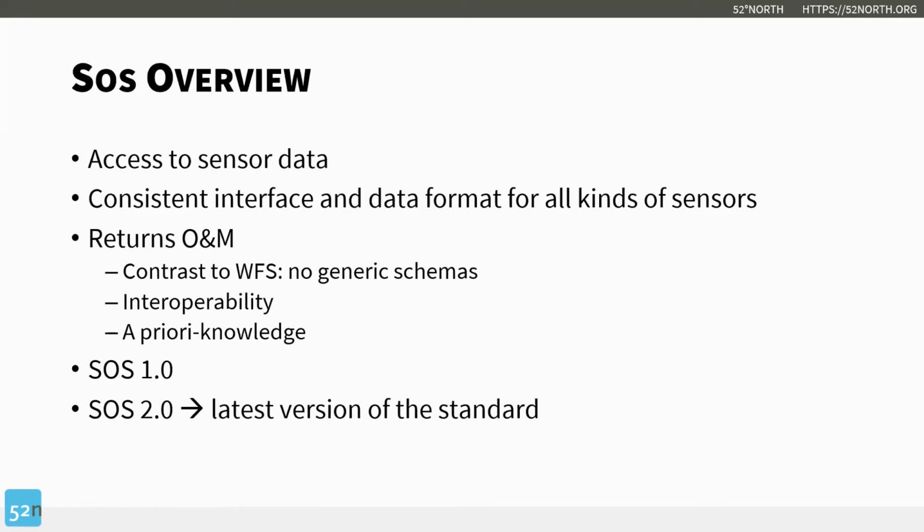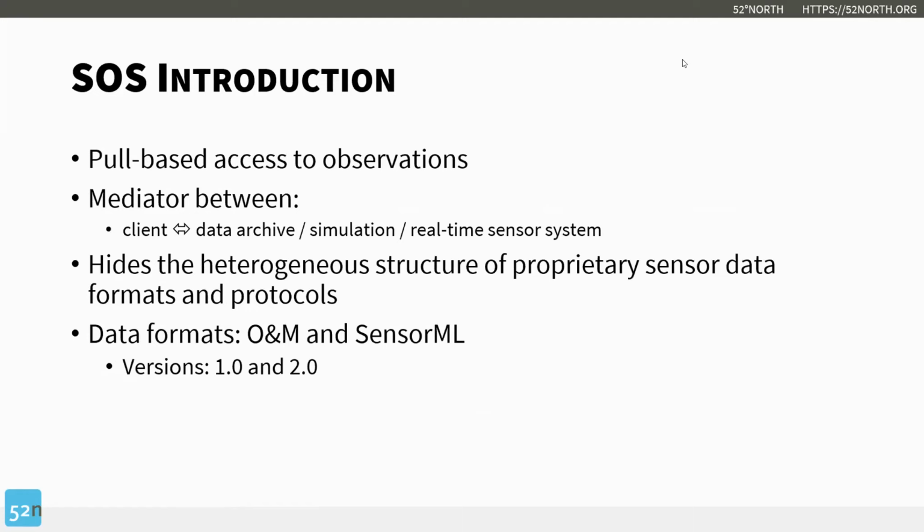Basically the SOS interface tells you which operations are there for downloading the data and how to send such requests to a server to get the corresponding data back. Let's have a look how this works in practice. The main idea here is that we have this common interface, XML based usually, which abstracts from all the different types of data management systems that you have below.